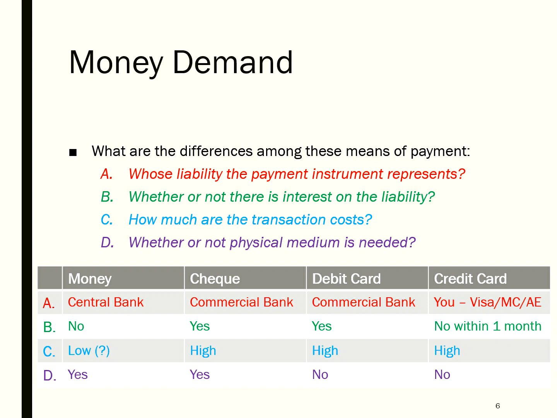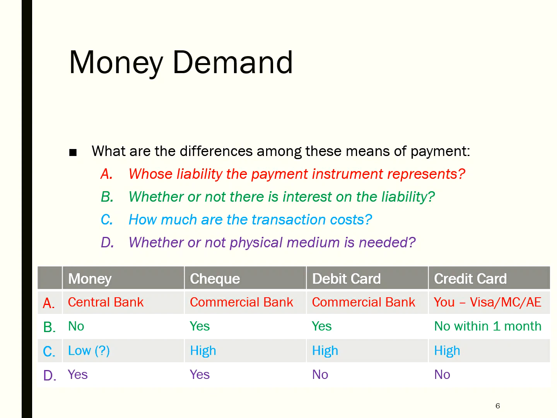The second criteria is whether or not there is interest on the liability. For money or cash, of course, there is no interest on cash. But for check and debit cards, if you have any balance on it, you will have some interest paid to you. But for credit cards, remember, it is your liability, not your asset.